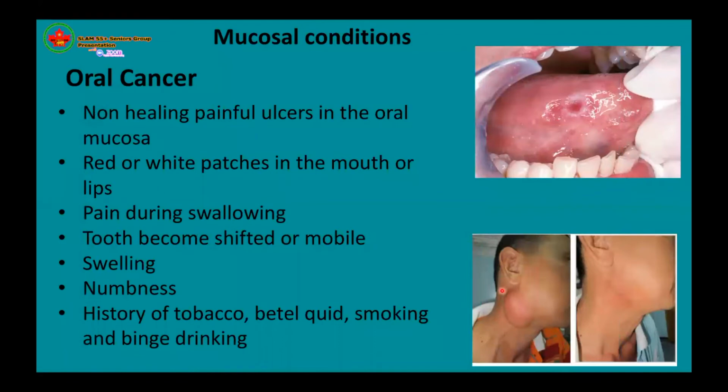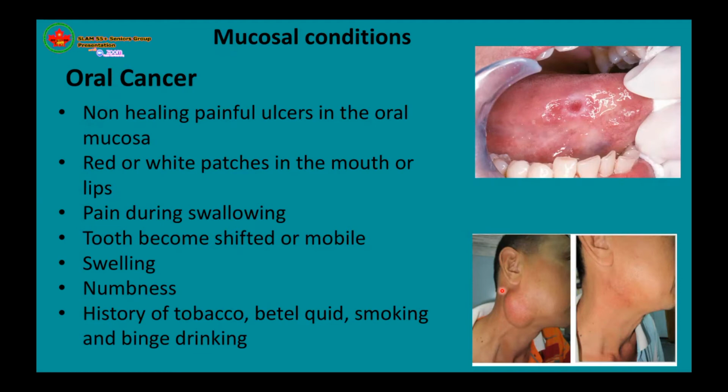Next, we are going to talk about the diseases of the oral mucosa. Oral cancer is the most severe form of the mucosal lesions. Cancers of the mouth are primarily diagnosed in older adults, and one of the common cancers is of the body.